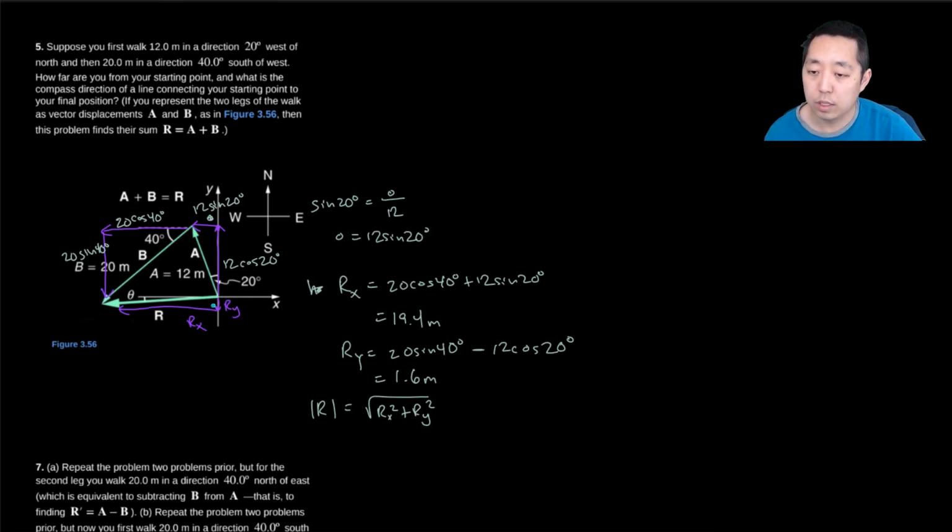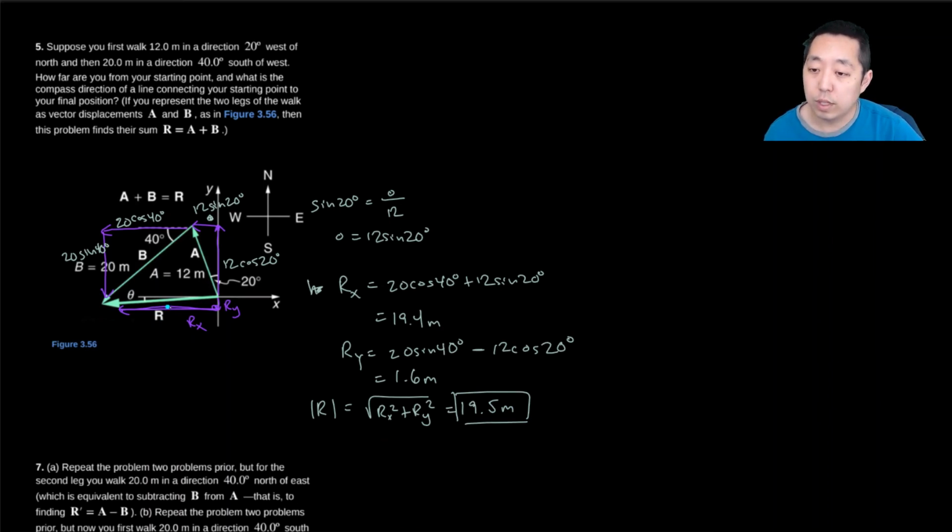This is a really small right triangle, but it is a right triangle nonetheless. So I'm going to do square root of 19.4 squared plus 1.6 squared. And I get 19.5 meters, which makes sense because it's mostly in the x direction.